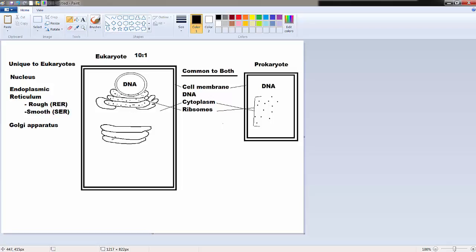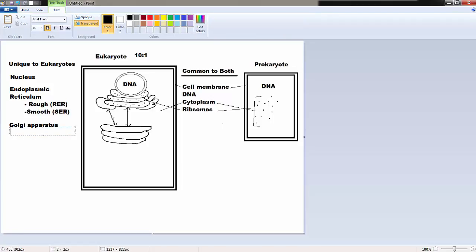Now the Golgi apparatus has its own function, but I'm going to draw a little arrow here in conjunction with the endoplasmic reticulum to indicate that these two structures work together. So the RER and the SER, here's the RER, here's the SER, these work in conjunction with the Golgi apparatus, the Golgi bodies. We'll talk about how that works shortly, but for now, just recognize that's what the arrows are representing.